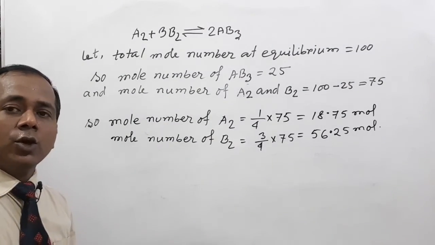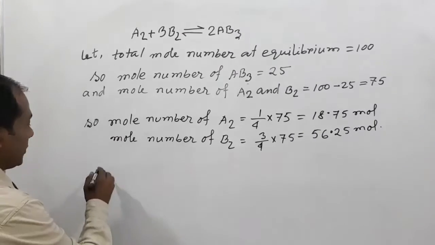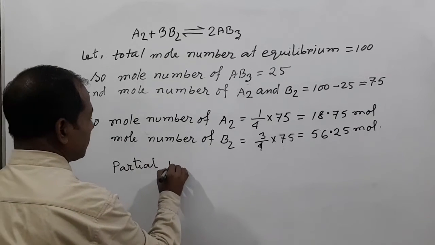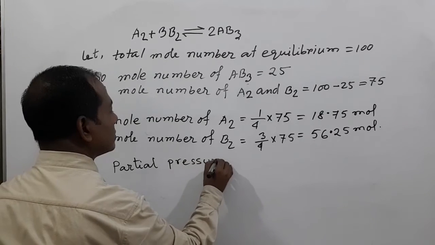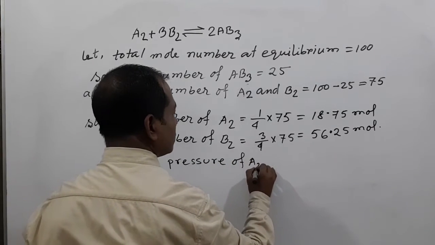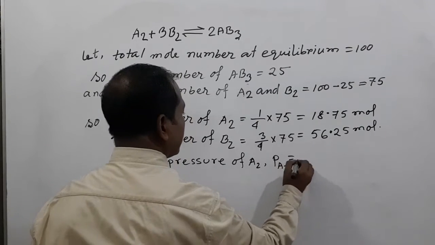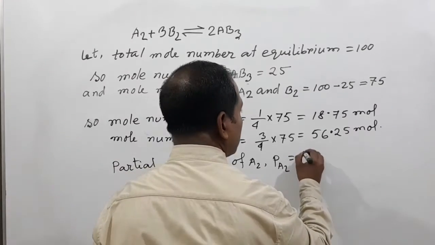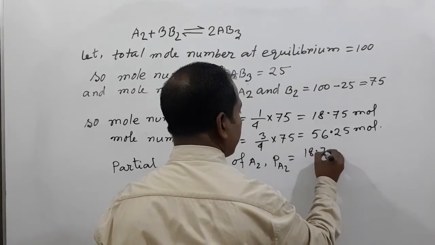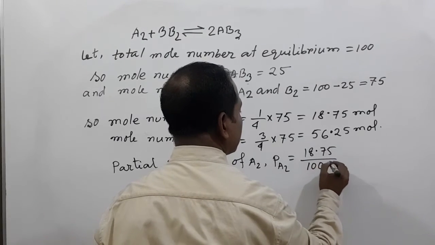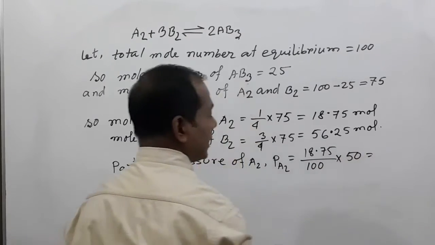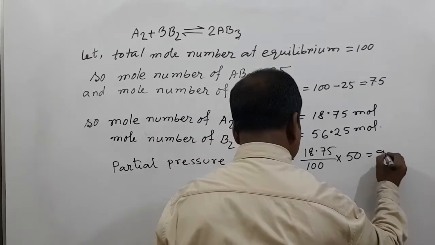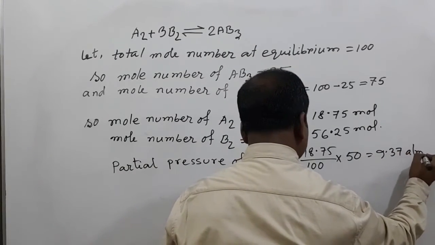Partial pressure equal to mole fraction into total pressure, that means partial pressure of A2, that is PA2 equal to mole fraction of A2 into total pressure, that means mole number of A2, that is 18.75 divided by total mole number 100 into 50, because according to the STAM the total pressure is 50, and we get the answer is 9.37 atmosphere.